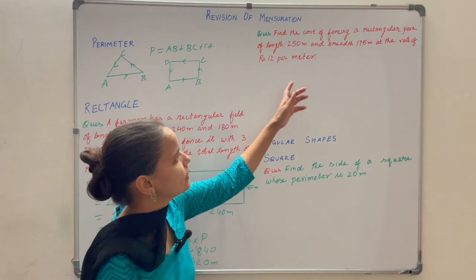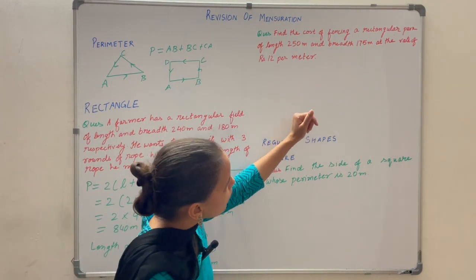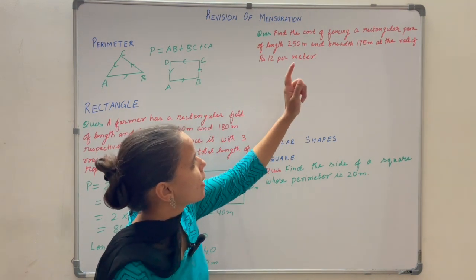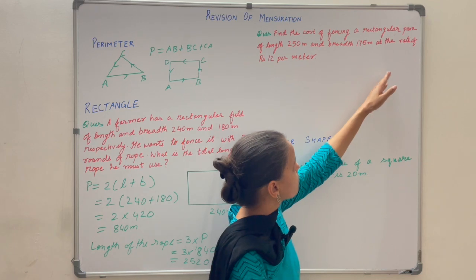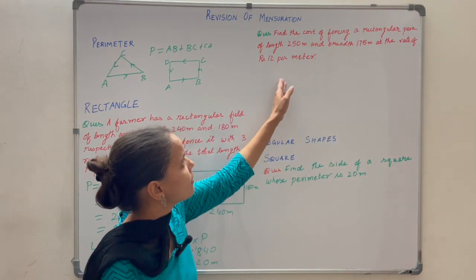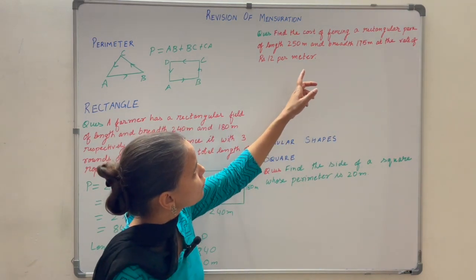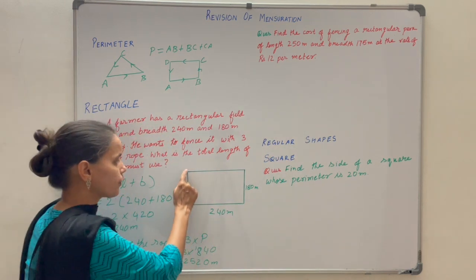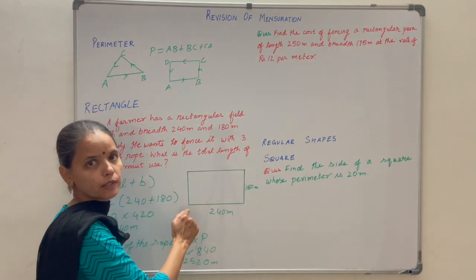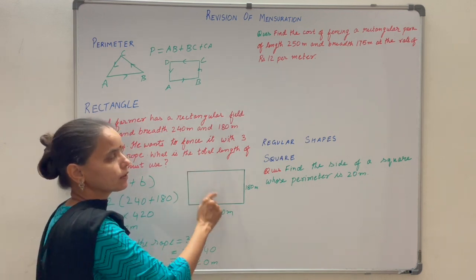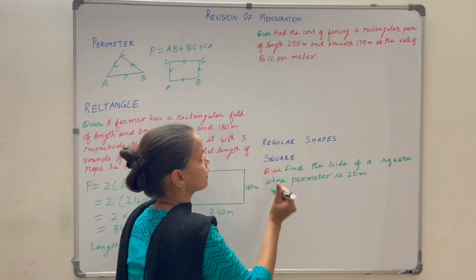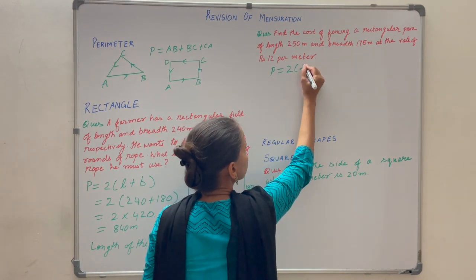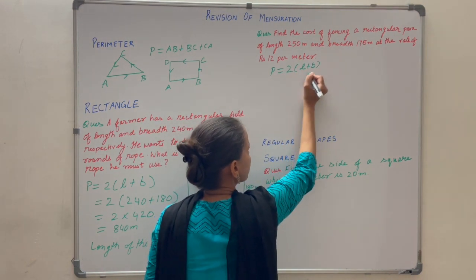Now, find the cost of fencing a rectangular park of length 250 meters and breadth 175 meters at the rate of 12 per meter. You have to find the cost of fencing the rectangular field. So you are going to fence it on the boundary. So you have to find out the perimeter of the rectangle. So the perimeter of a rectangle is twice of length plus breadth.